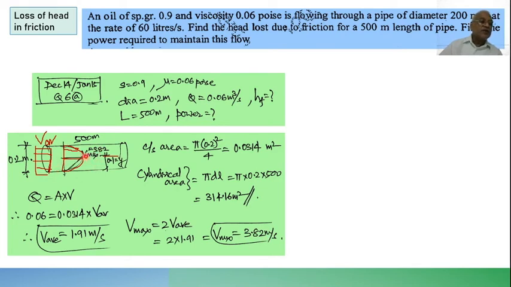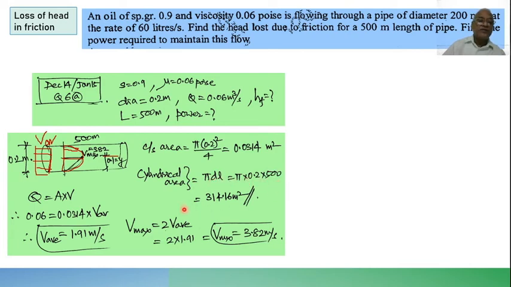So if you look at this velocity distribution, I can calculate what is the shear stress that is acting. If you remember viscosity problems, that is how it is. Now this is the cylindrical area, pi dl, all along the pipe which is having 500 meter length, diameter is 0.2.